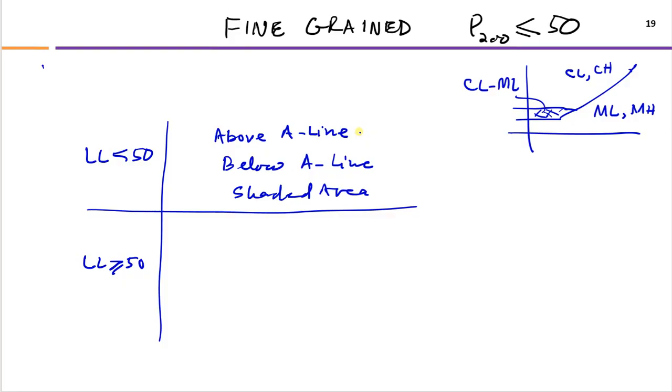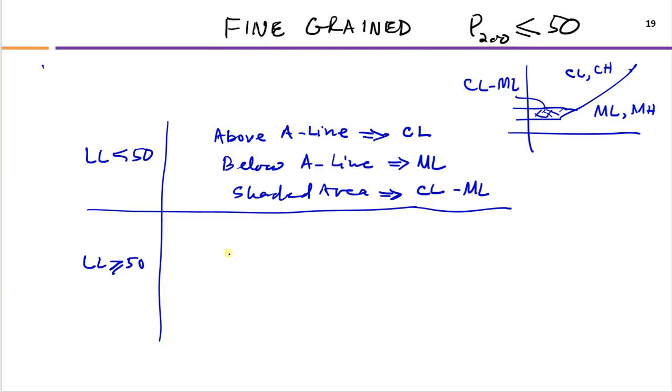So if it is above the A line and the liquid limit is less than 50, it will be called CL. If it is below the A line and liquid limit is less than 50, it will be called ML. And when it is in the shaded area, it's a dual classification, CL-ML. You saw in the previous case there are so many dual cases, but in case of fine grained, it's only one dual case.